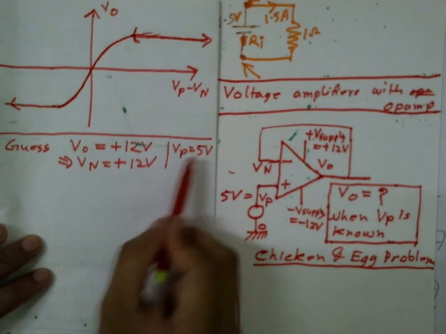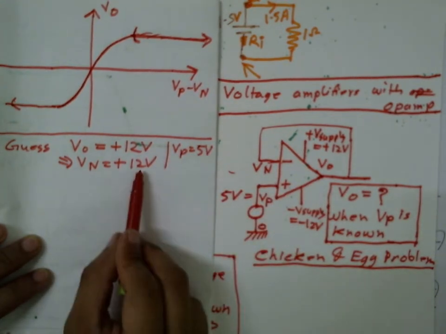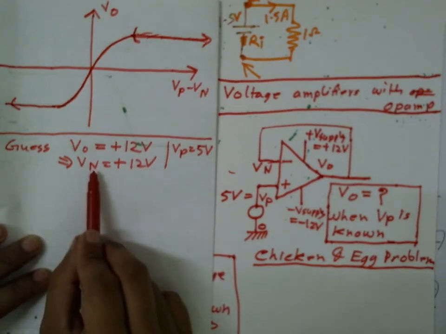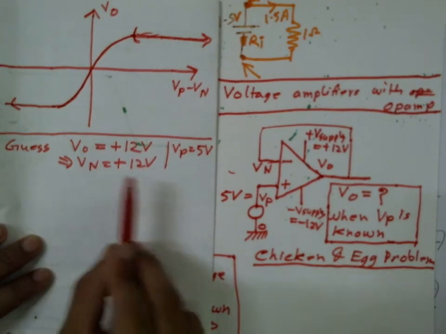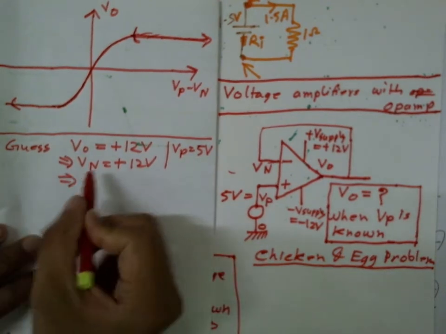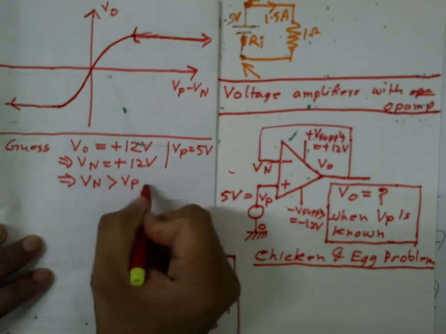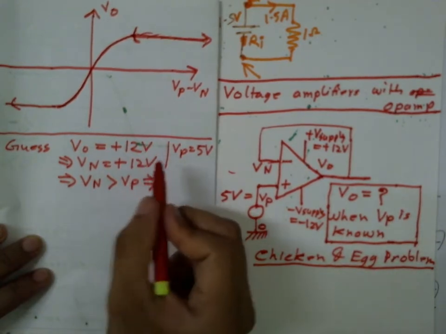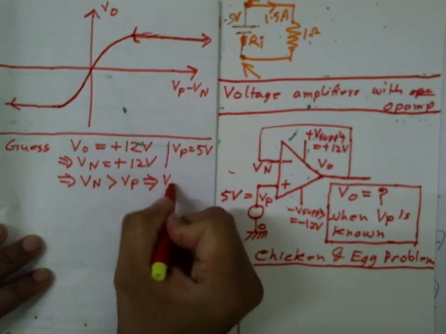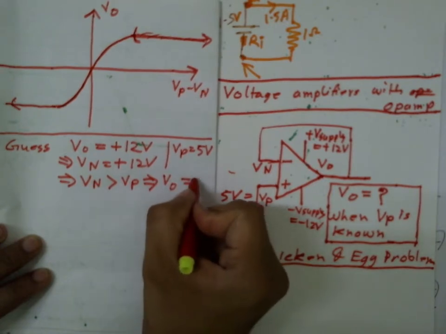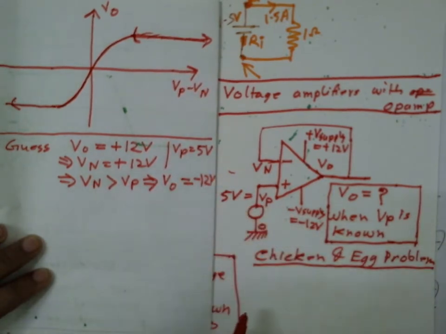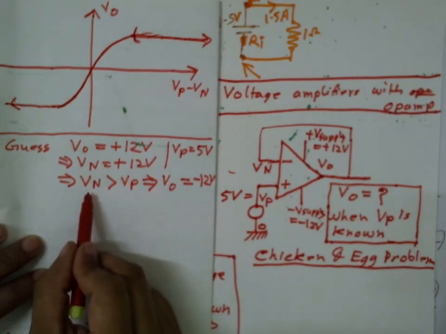Which one is higher? Vn is higher. Now if Vn is higher, what should the output be? So this implies that Vn is greater than Vp, and this implies that the output Vo should be equal to minus 12 volt because Vn is higher.